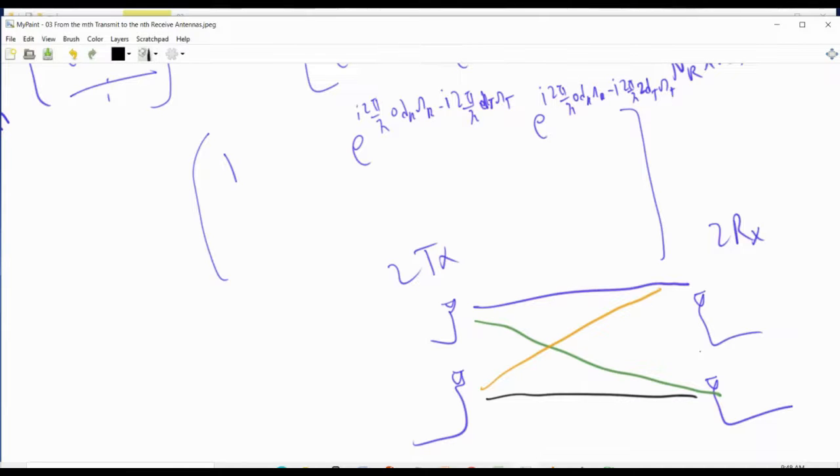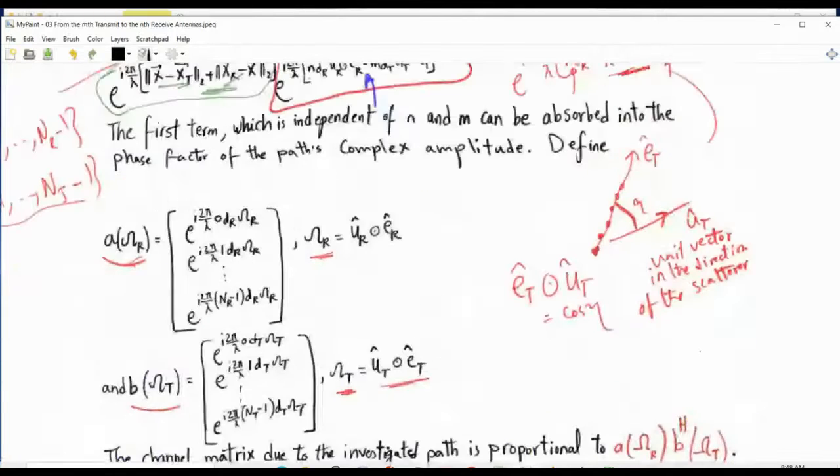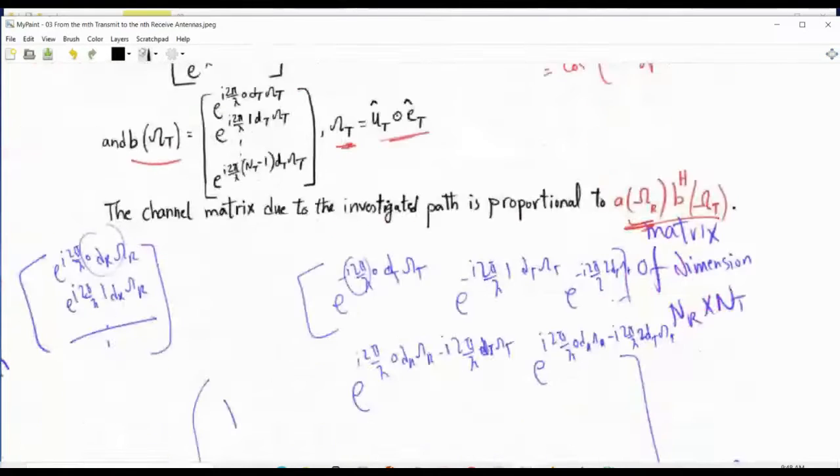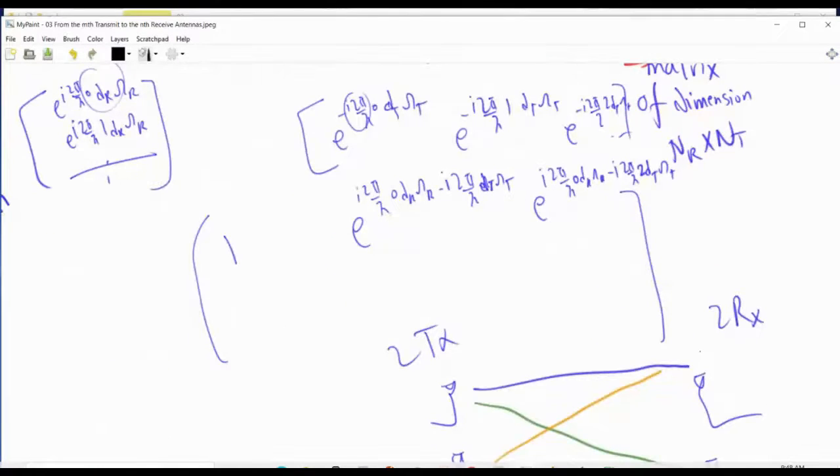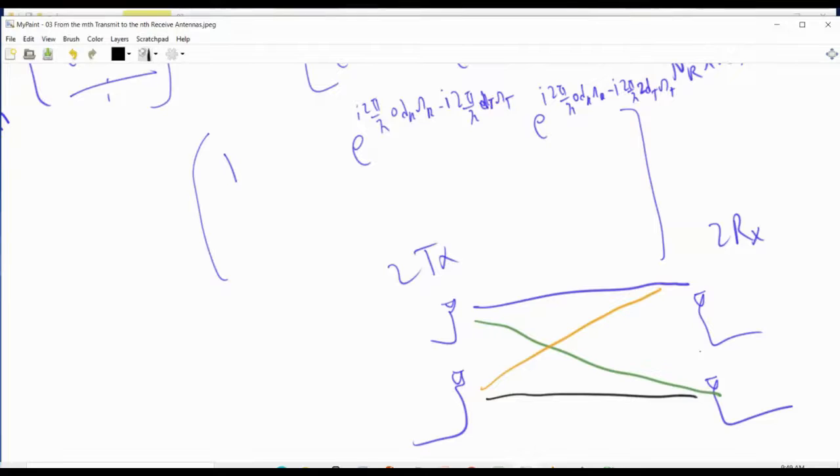So, I mean, there are details not justified here, but this is very crucial: once you start talking about multiple antennas, and it will come later in this course, we talk not just about a channel as a scalar, but about a matrix. Because if you have an array on the transmit side and an array on the receive side, with NR and NT antennas, then the number of channels is NR times NT, and we typically think of a channel matrix.